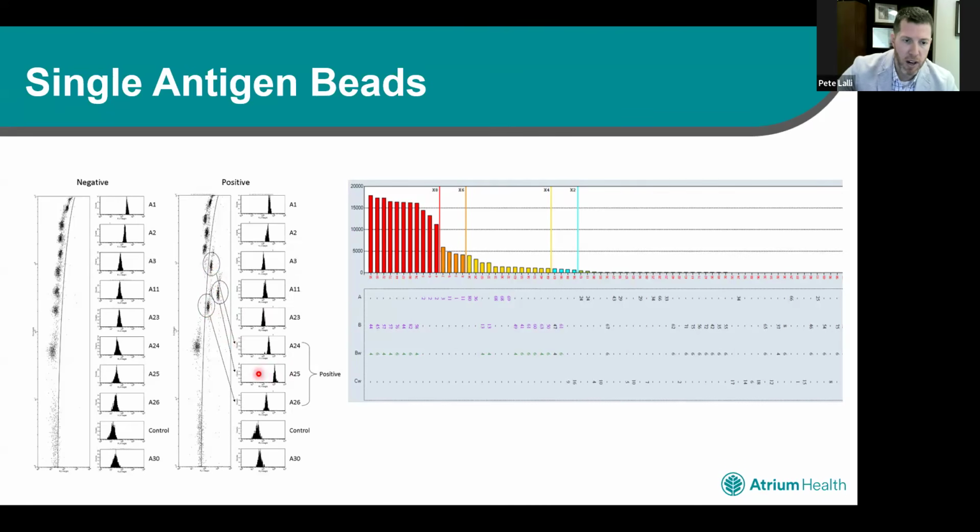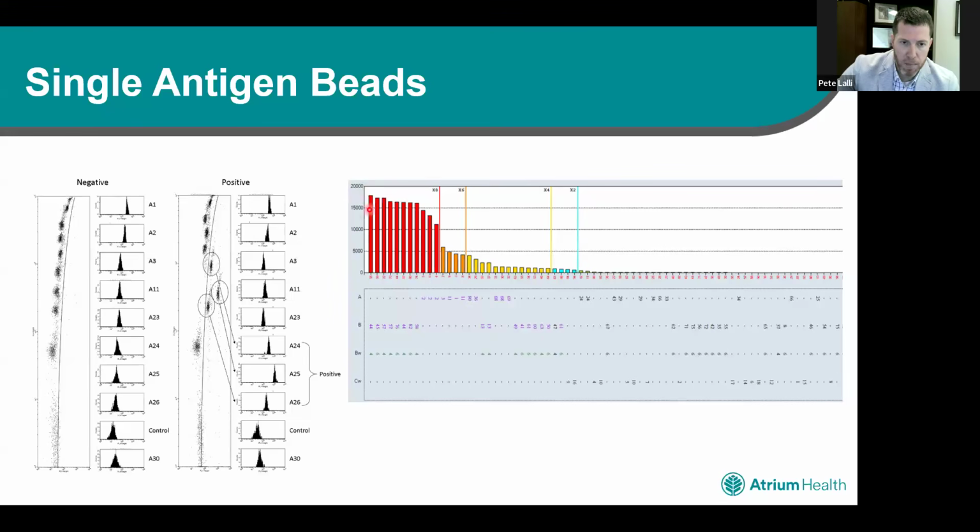So if we look at this patient here, you can see that these three beads have all moved over to the right because they have patient antibody stuck to them. And we're able to quantify this difference. We don't really see these plots anymore. We just have a readout of these graphs like here. The y-axis on here is now that MFI value of each one of these different reactions.